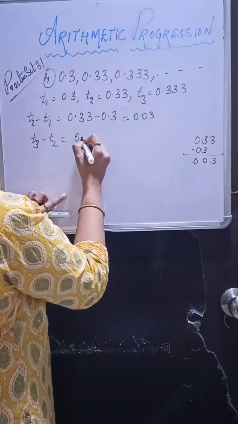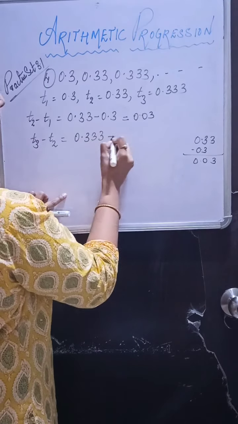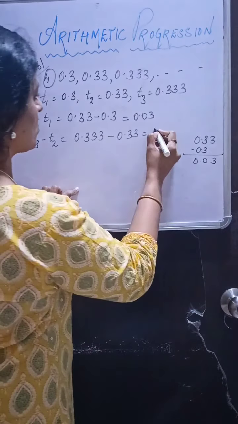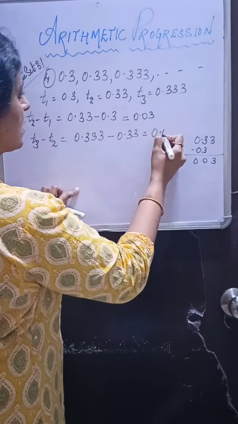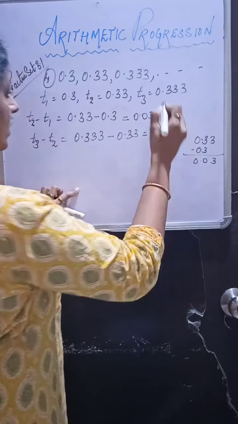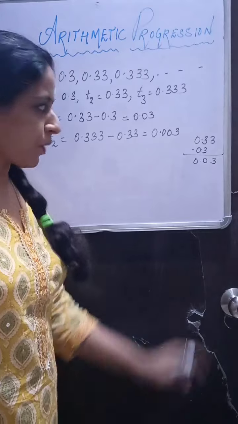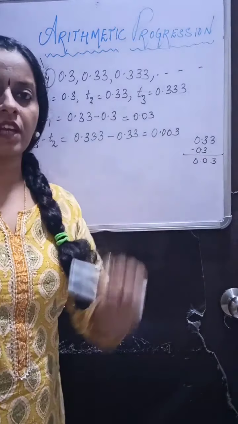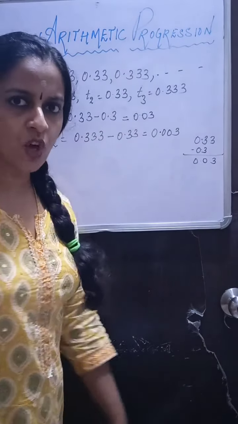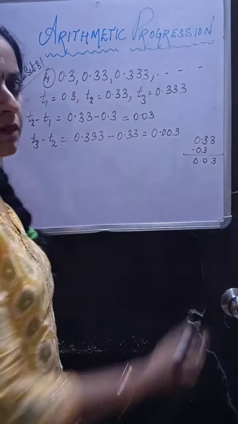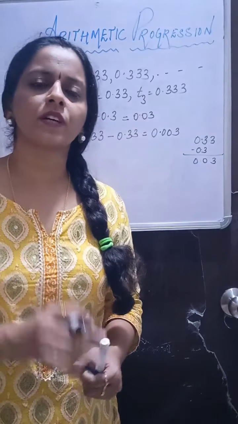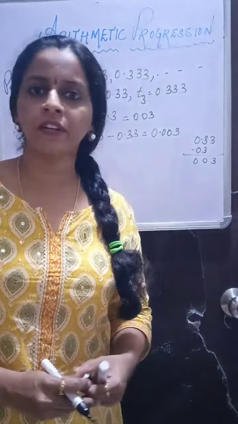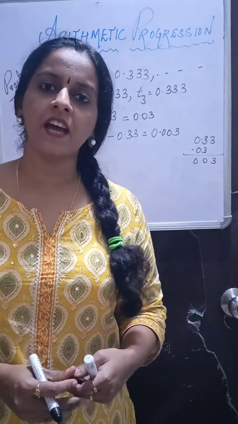T3 is 0.333 minus T2, which is 0.33, will give you 0.003. Correct? If you are confused, do it in working and check. Is the difference common? No. Write the statement: as the difference between two consecutive numbers is not the same, this sequence is not in AP. These numbers are not in AP.